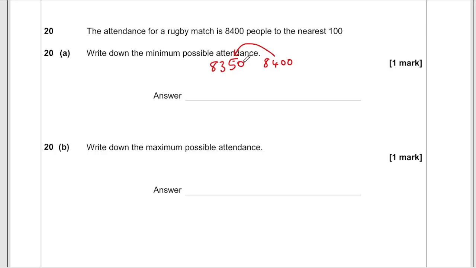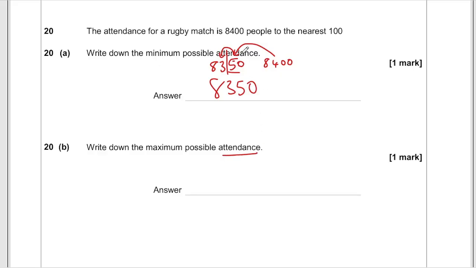Because if it was 8,390, it would round up. 80 round up, 70 round up, 8,350 would still round up if I rounded it there. The 5 is going to round that up to 84. Okay, so if it was 8,349, the 4 would round it down, so that would be 8,300. So 8,350.